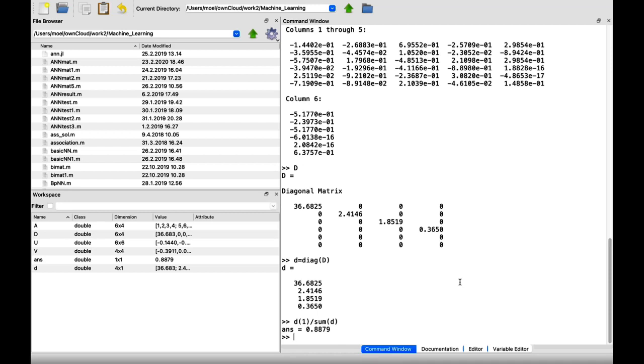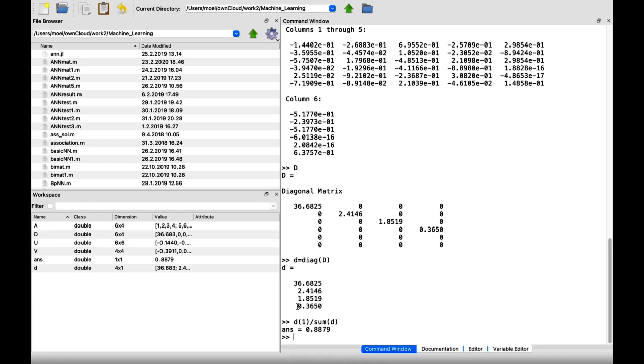Of course, it is just a rough estimate that about 88.8 percent of the information is allocated in the first singular value, the first eigenvector of matrix U, and of course in the first row of the matrix V transpose.